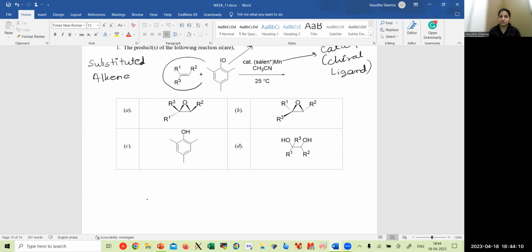So this is not going to change. R1 and R3 are not going to change the positions and the initial selectivity. So the mechanism will go like this. The star is nothing but the chirality.